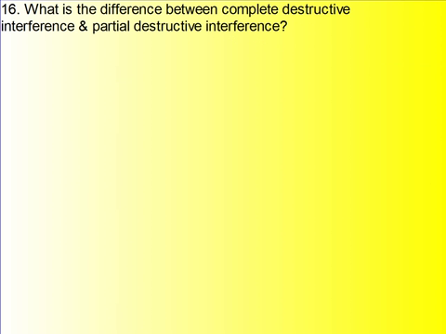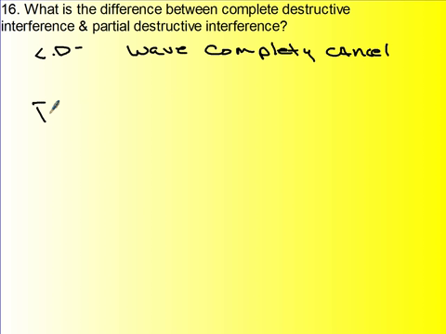All right. So complete destructive means the waves completely cancel at that point in time. Partial destructive means, let me do a diagram here. This is complete.